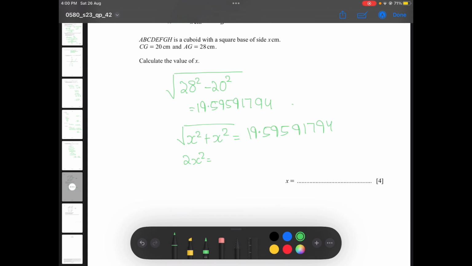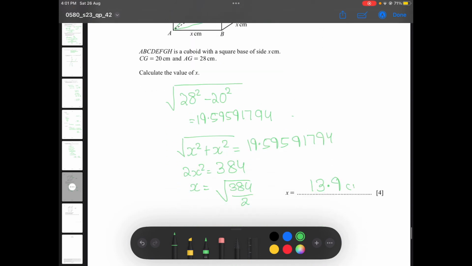It's going to be 384. Now x is going to be the square root of 384 divided by 2, which is equal to 13.9. Calculate the value of x: 13.9 cm.